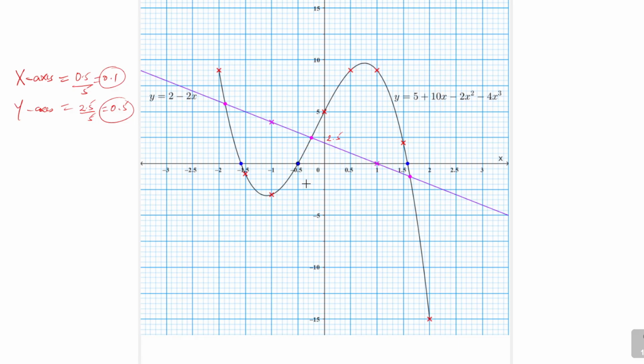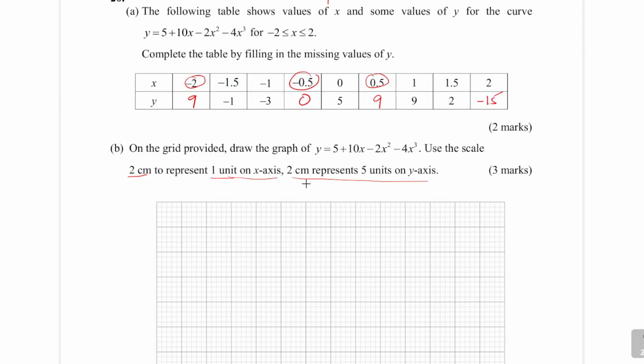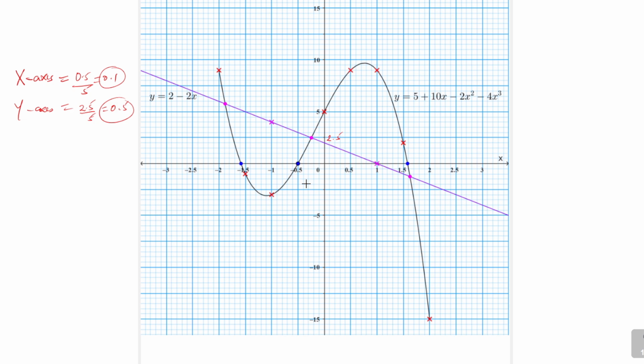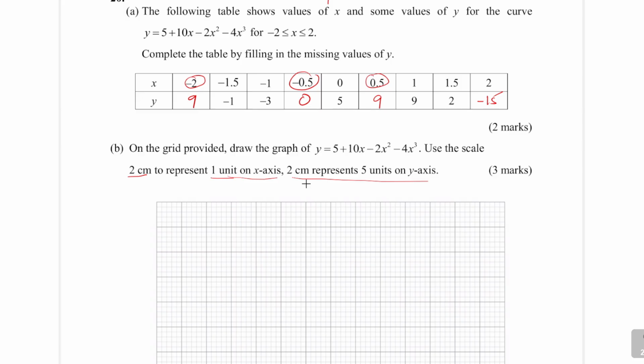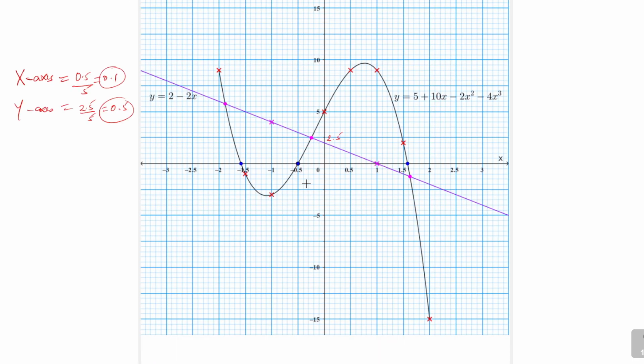Now after you've drawn the axes and indicated the values, let's go to plotting. The first point, -2, 9. When x is -2, y is 9. So 9 is there.